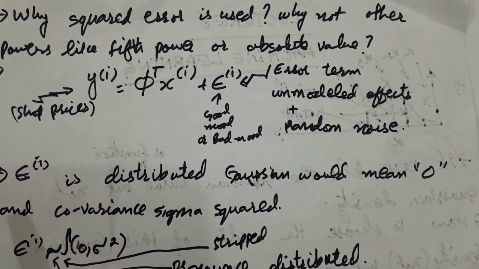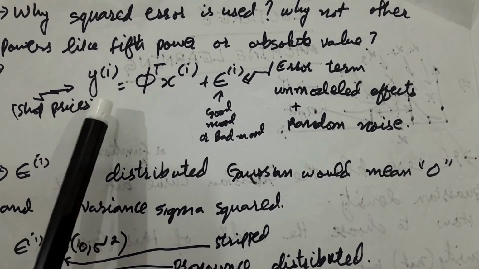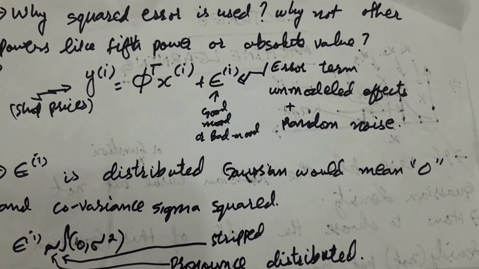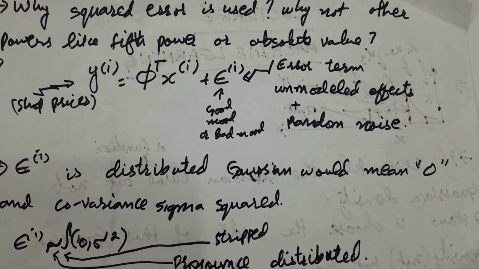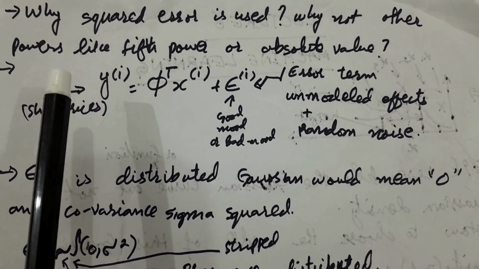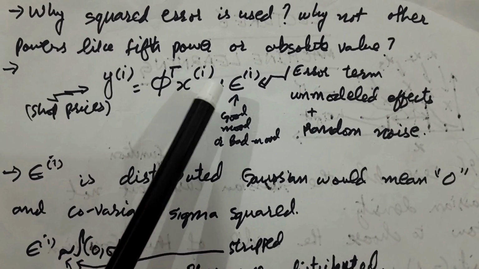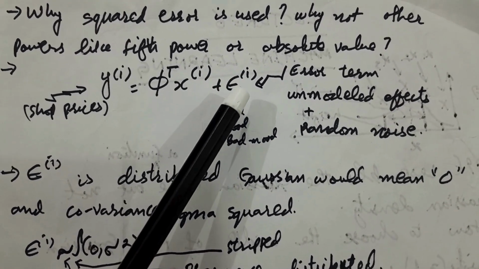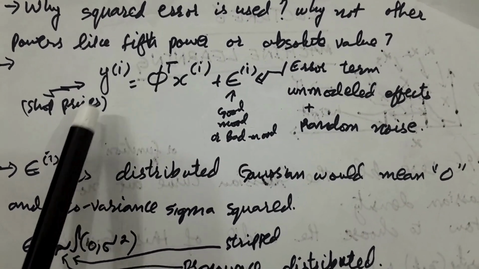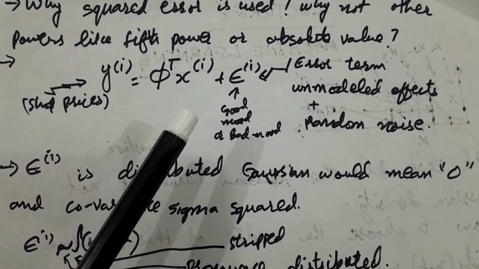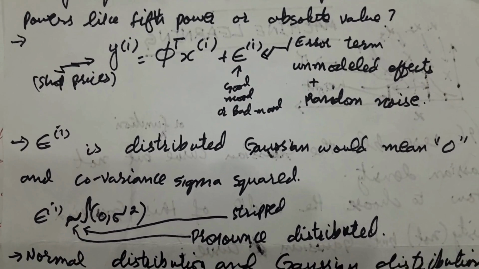The shop price may also be affected by the good mood or bad mood of the customer. If the mood of the customer is good and the cost is much higher, the customer may still purchase. If the mood is not good, then the price of the shop may decrease. So epsilon i is the error term.